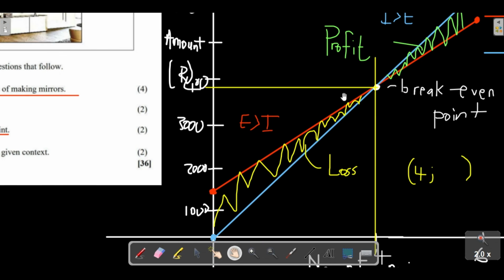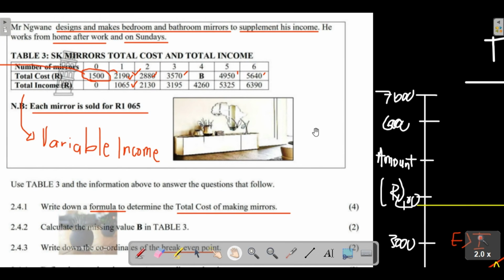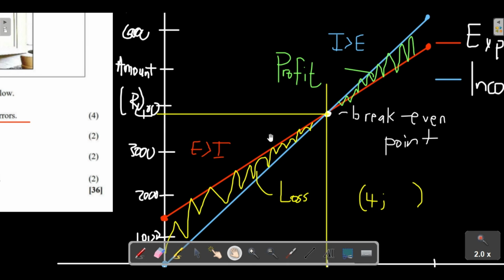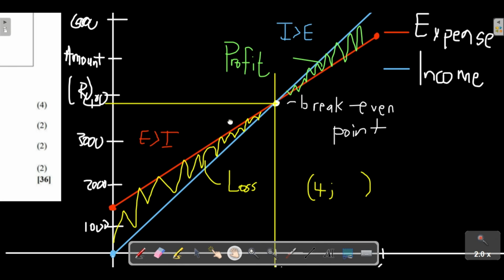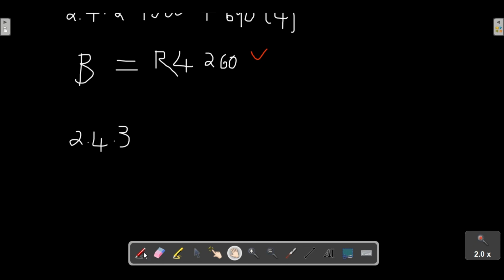I did not draw this graph accurately, but the answer would be 4,260. This is what you would write down. So the coordinates are (4; 4,260). That is how you write the coordinates.